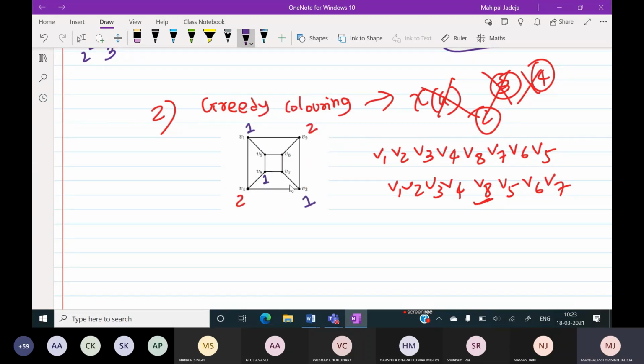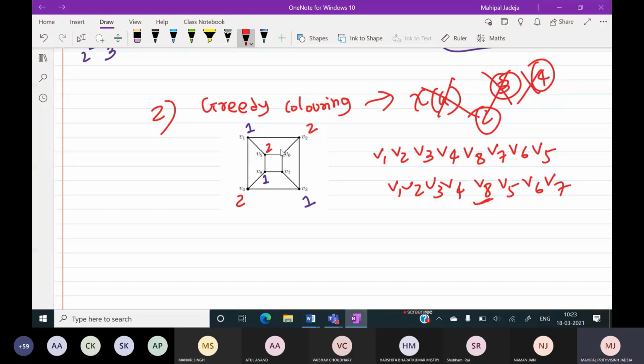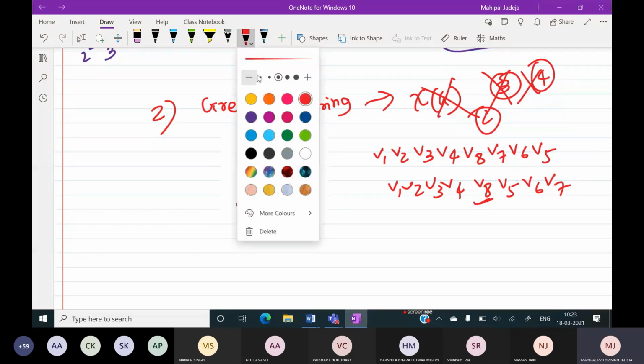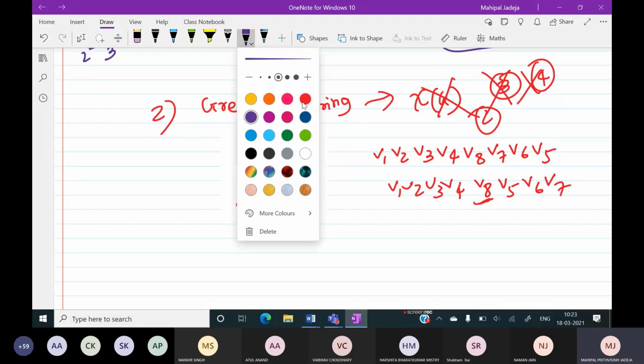Again, we apply the greedy process and go to V5. For V5, both of its neighbors are using color 1, so we need to use color 2. For V6, again color 1 is required. And for V7, again color 2.